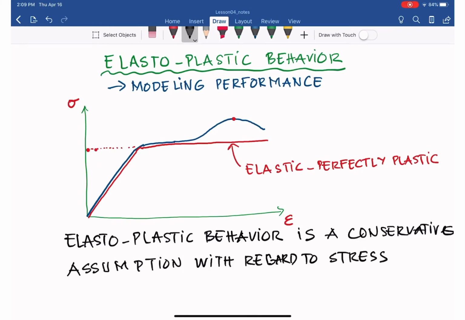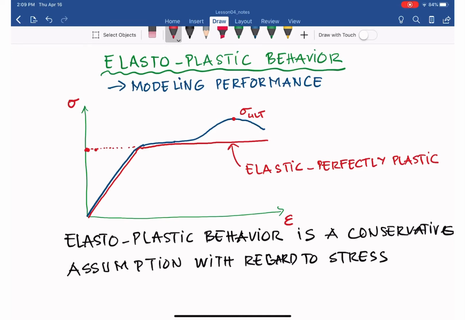I show you the actual ultimate stress here, sigma ultimate, and the one that we design for somewhere there. So it's really conservative.